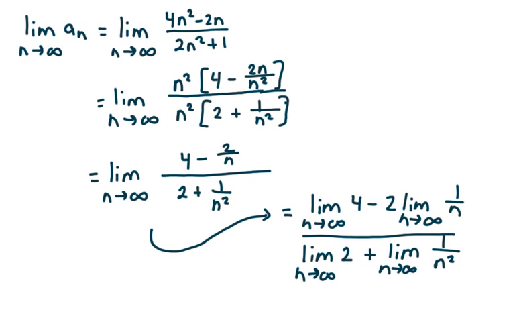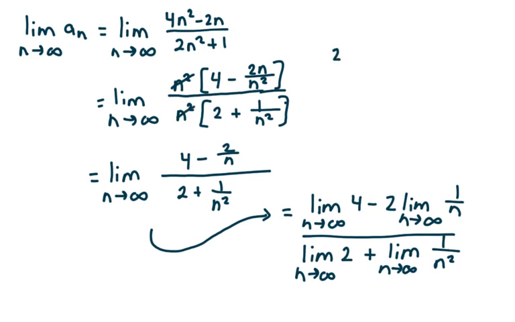And when we do that, we get the limit as n goes to infinity of n squared times the quantity 4 minus 2n over n squared divided by n squared times the quantity 2 plus 1 over n squared. So to go from the second line to the third line, notice that the n squareds end up canceling out.